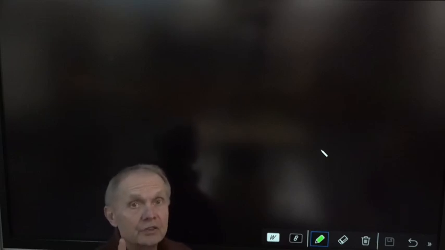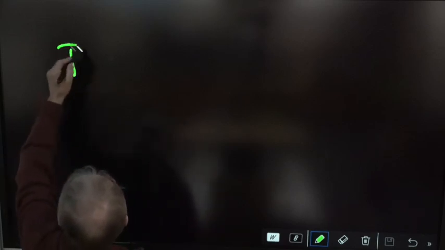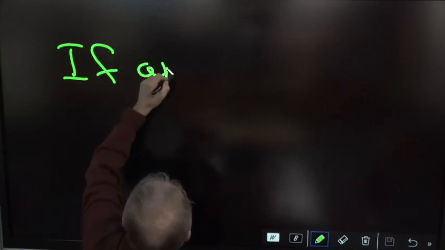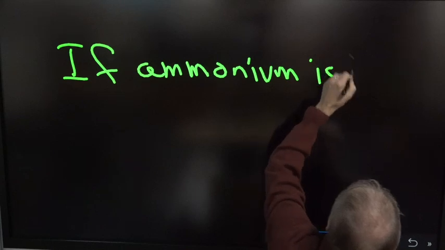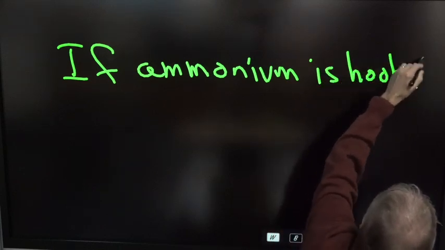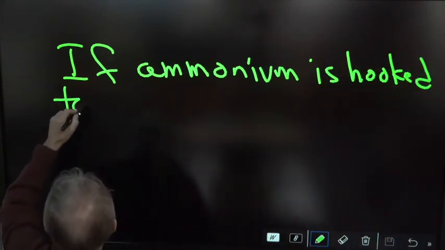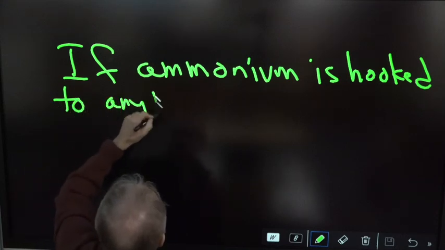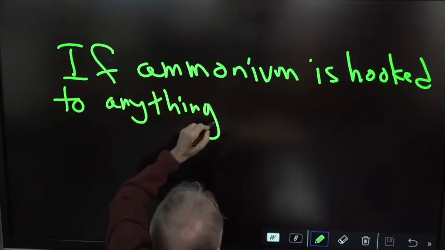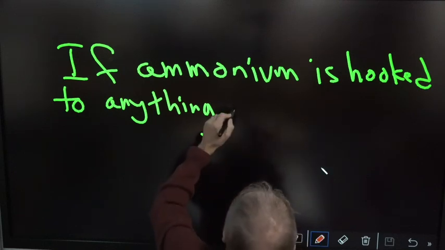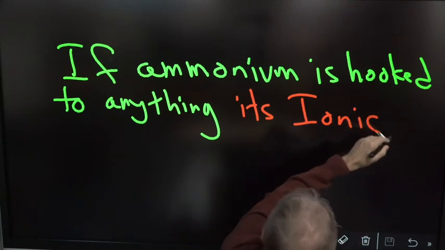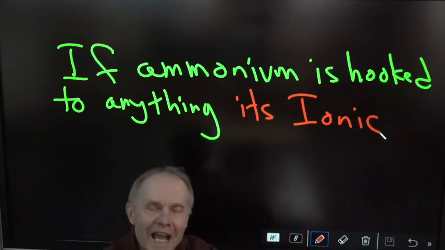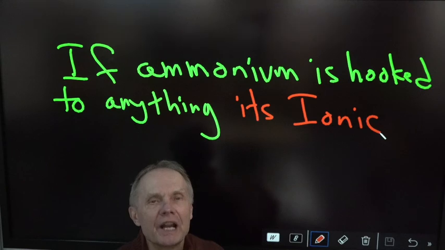There's only one exception, just one. If ammonium is hooked to anything, it's an ionic bond.